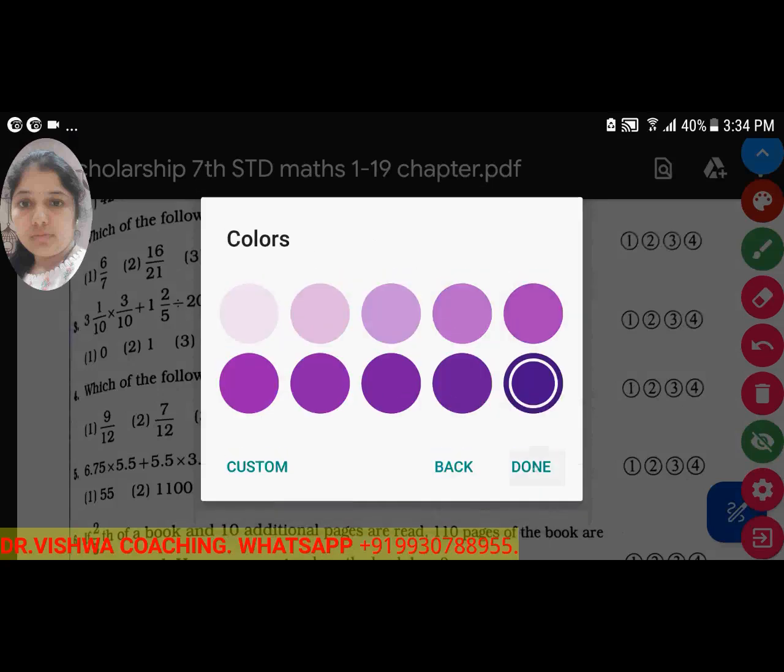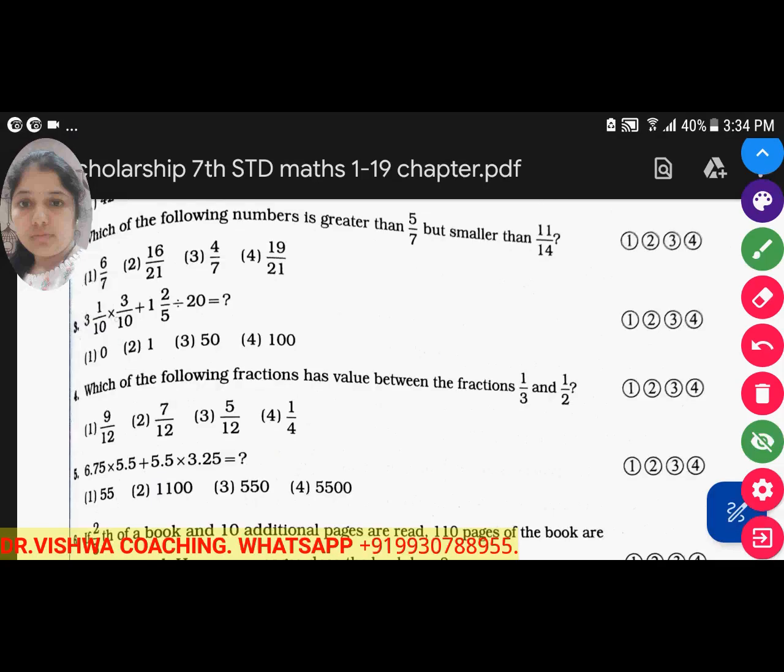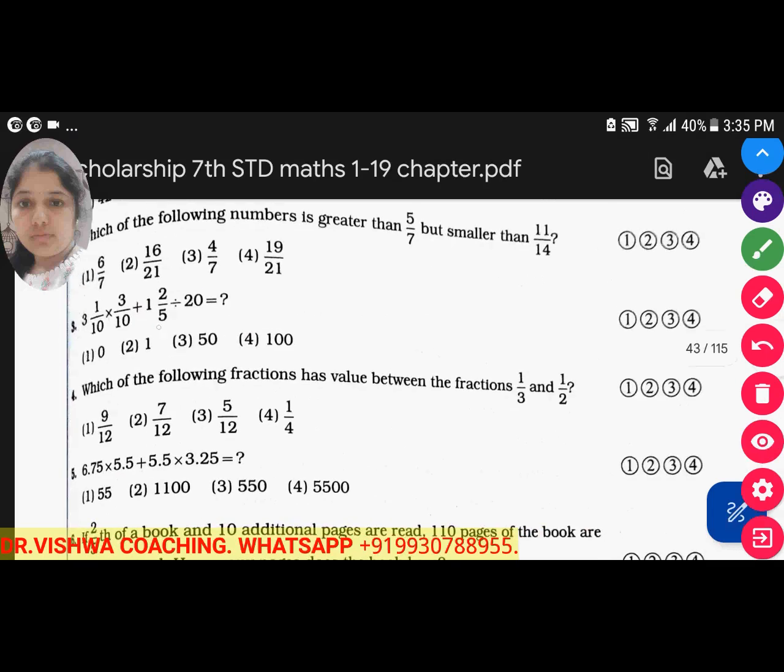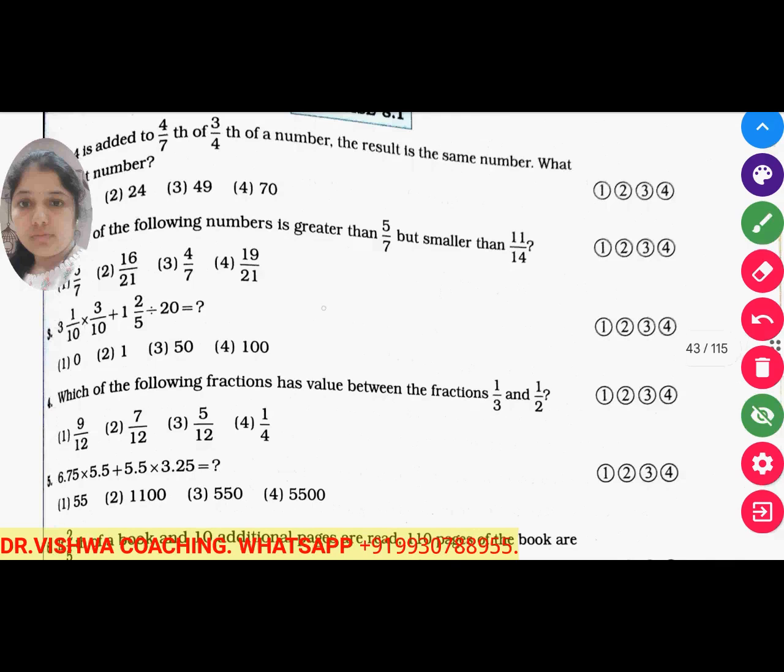Now see, (3 into 1/10) into 3/10 plus (1 and 2/5) divided by 20. Now there is a rule that division and multiplication should be done first and then addition and subtraction. So we will solve this first and this first, okay, before adding them.